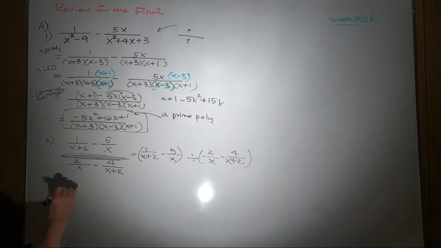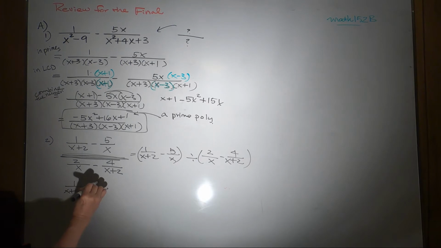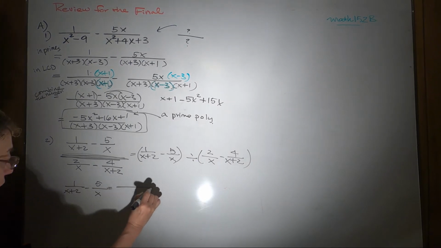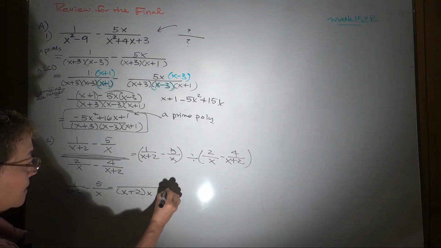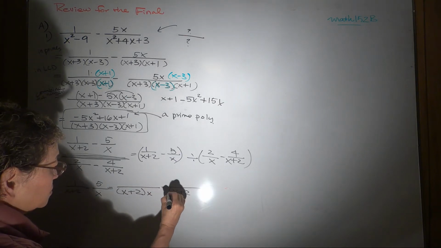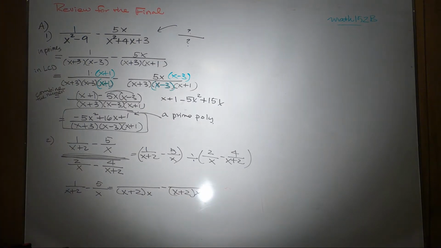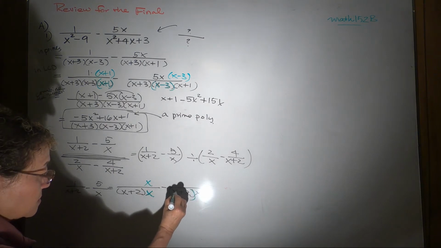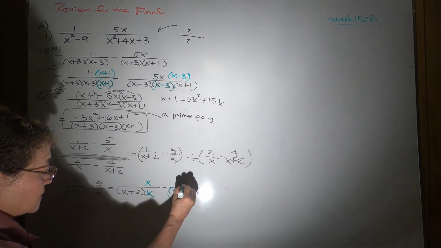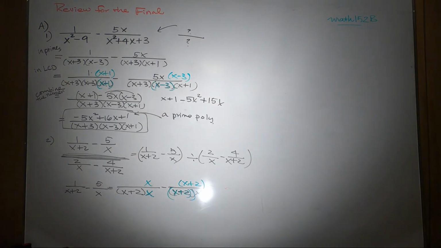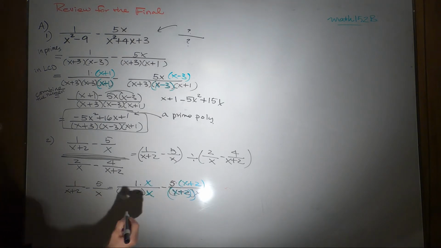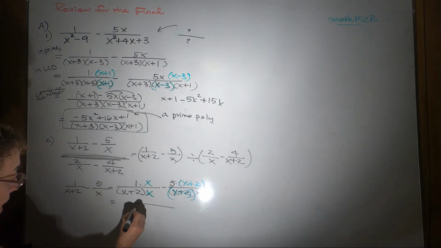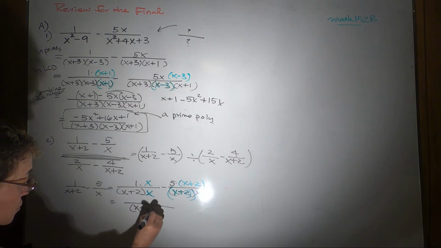So let's make one fraction. For this one, that would be x plus 2 and x, right? That's your LCD, x plus 2 and x. Then for this one, x is extra. This one, x plus 2 is extra. Then multiply the original one. Then we combine them, it will be over x plus 2 and x.